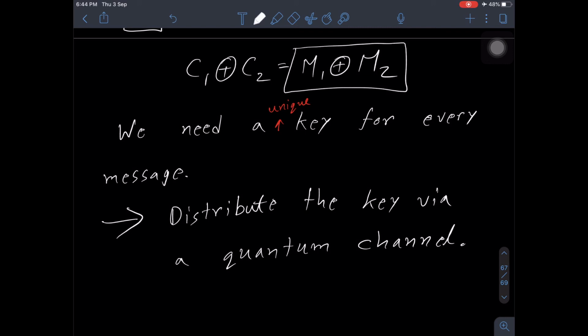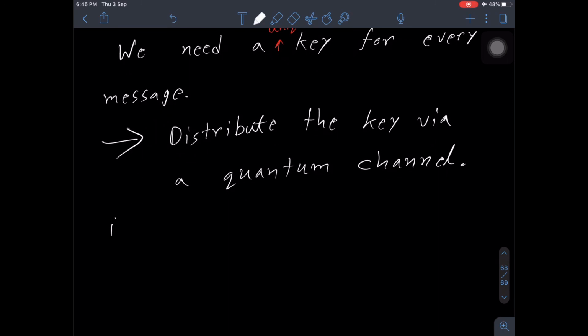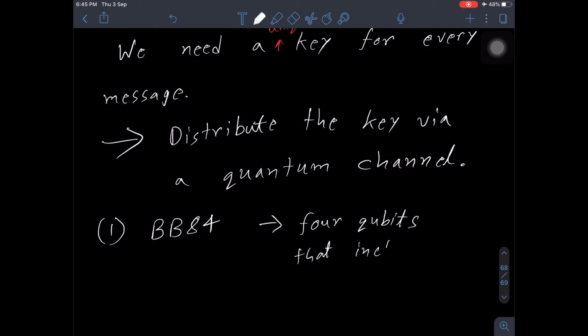All right, and there are many quantum algorithms which can share a quantum key between two parties using a quantum channel. Some of the examples are, one is BB84, which uses 4 qubits that include non-orthogonal pairs.